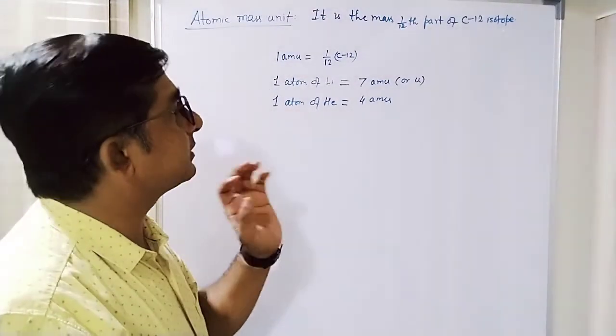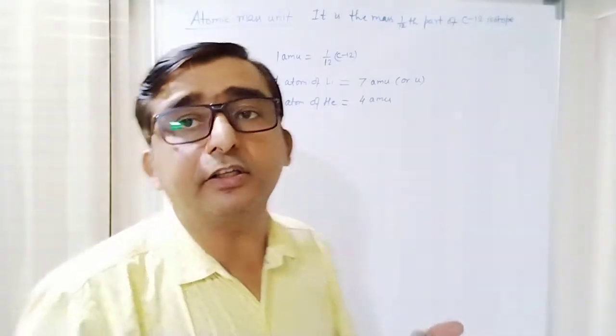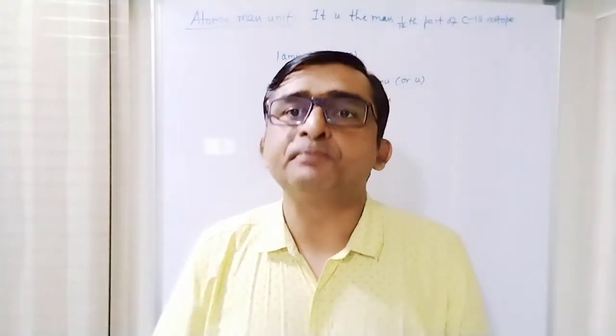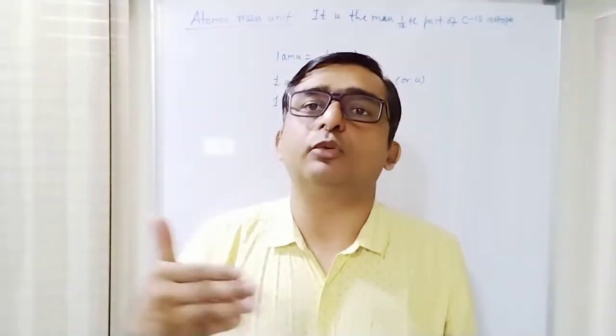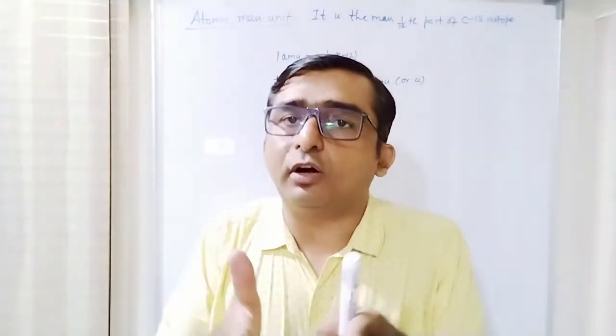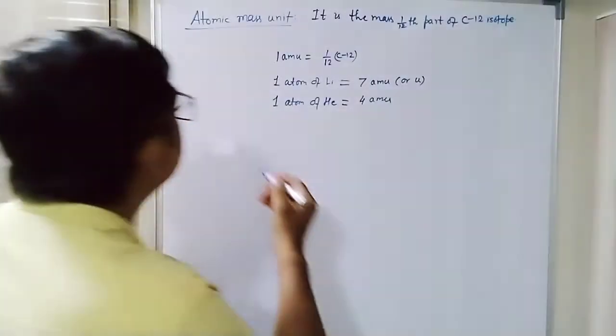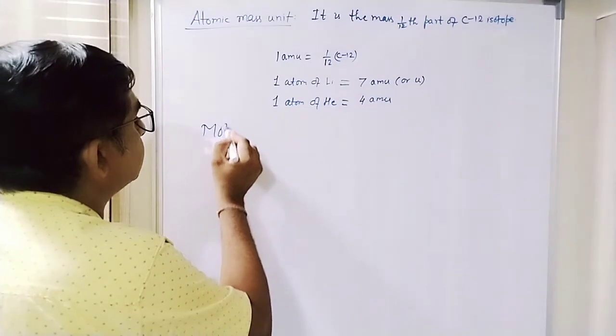Now see one more thing over here. Whenever you have to find a molecule's mass, the molecule contains a certain number of atoms, and these atoms have their own masses. If you add all these masses, you will get the molecular mass. So what is molecular mass?